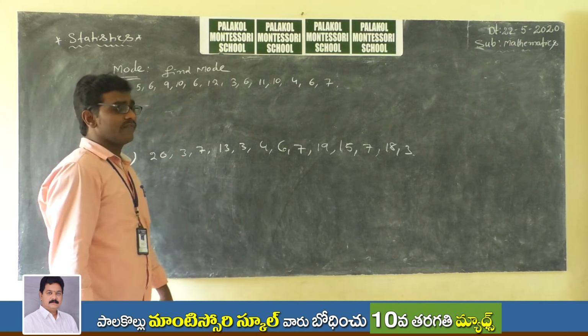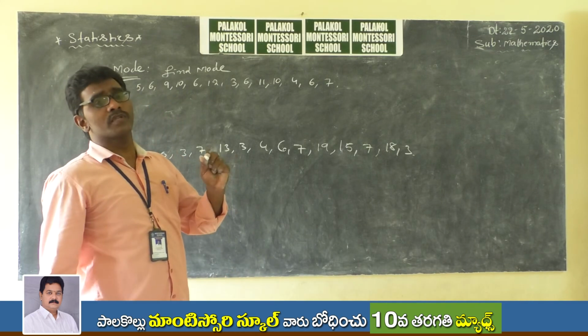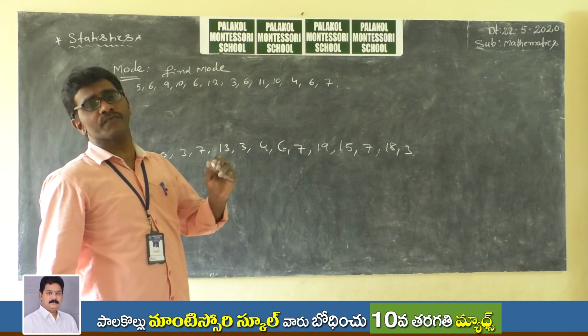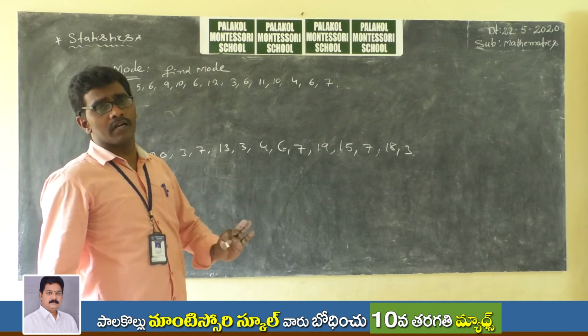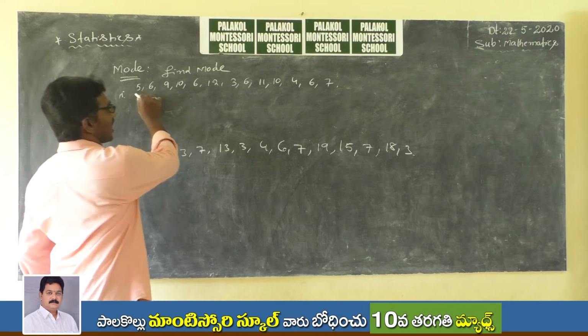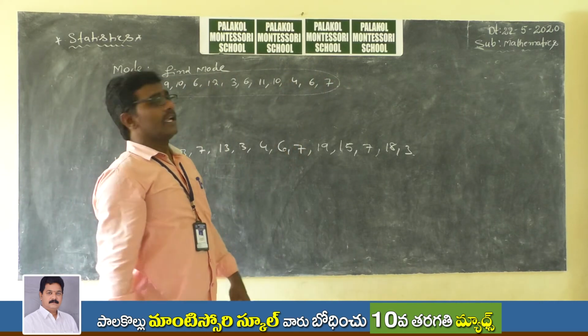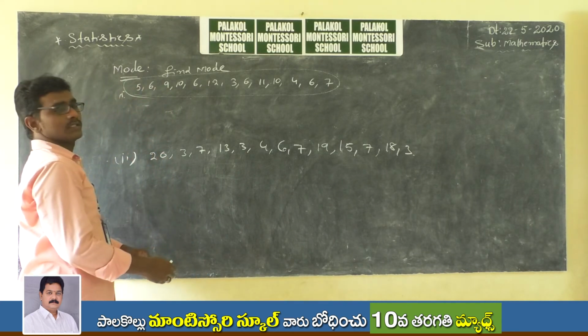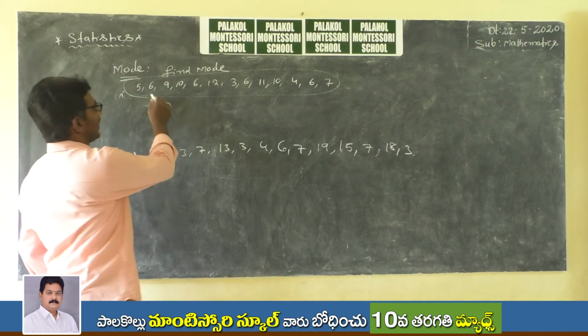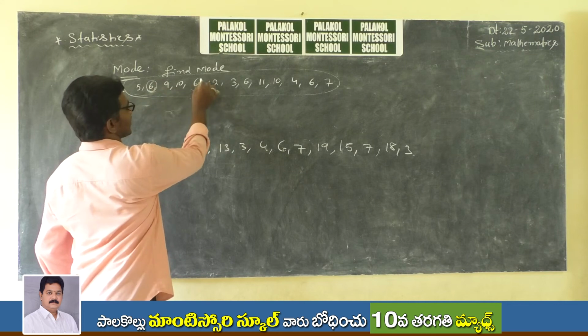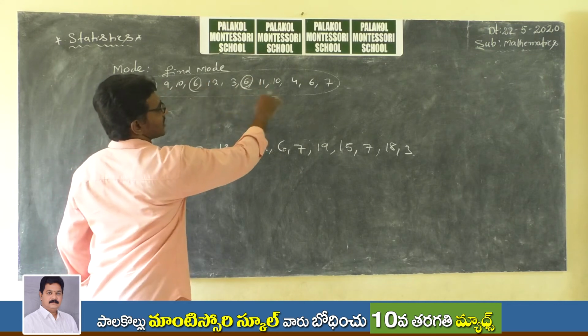In this case, what is the definition of mode? The observation which occurs most frequently is called a mode. In this raw data, which means ungrouped data, which one occurs more frequently? 6.